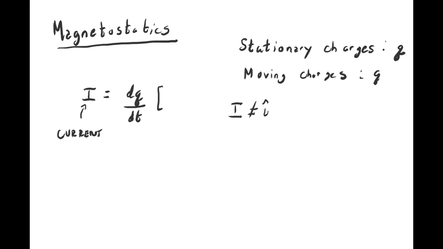My current is going to have units of how much charge passes a point in space per unit time, and that's going to be defined in terms of a unit called an ampere.